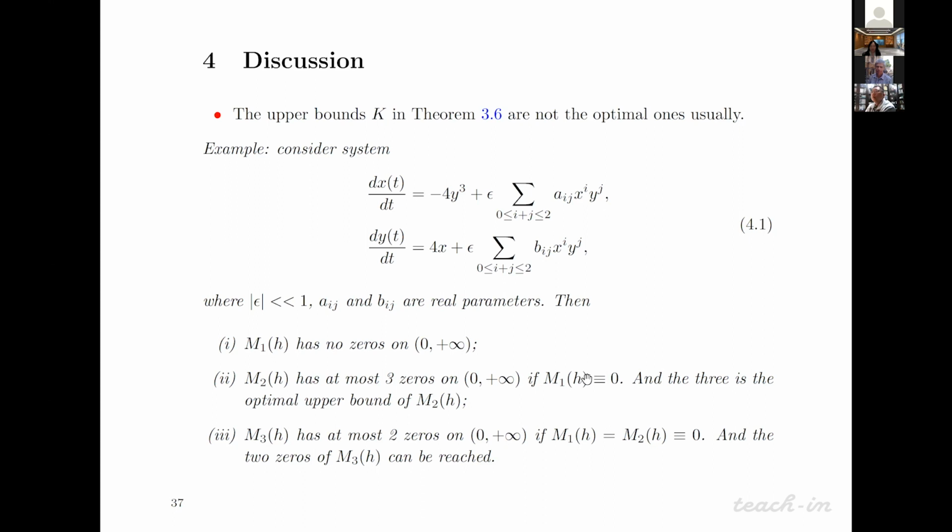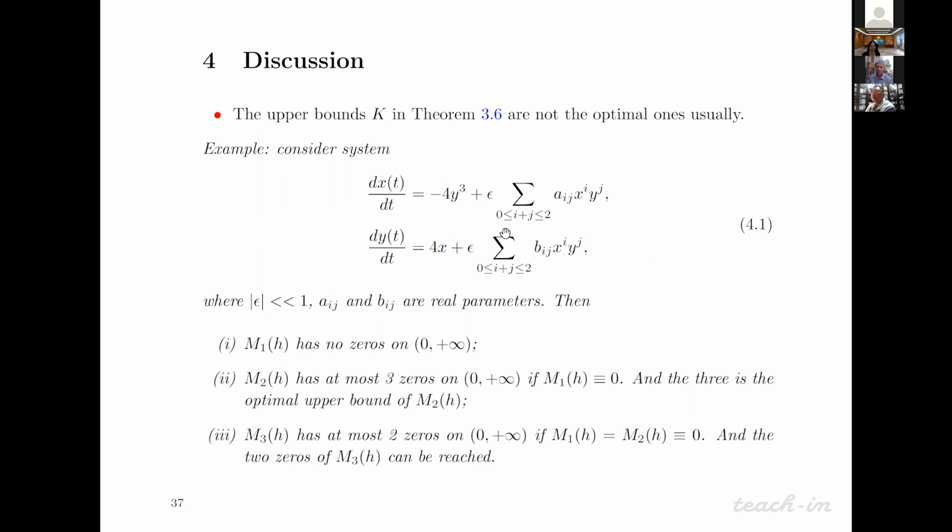We can calculate this M1. M1H has no zeros. If M1H equals 0, we can calculate that M2H has at most 3 zeros. But if we use our formula, we get M1H less than 2, but this is just 0.